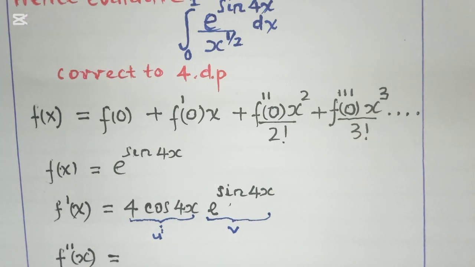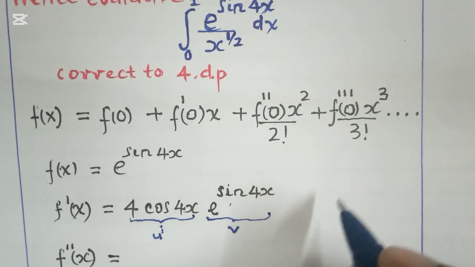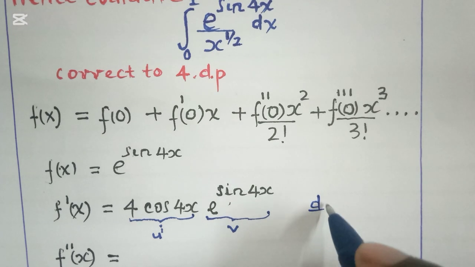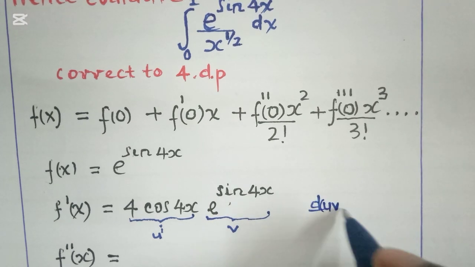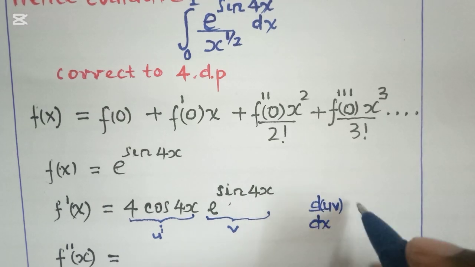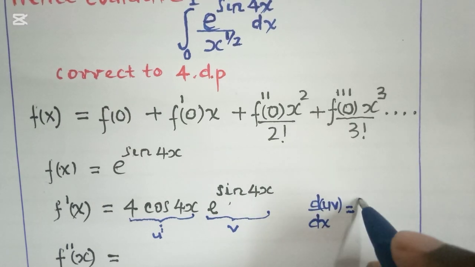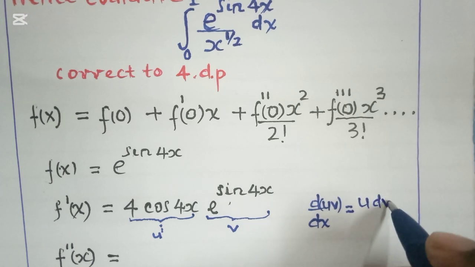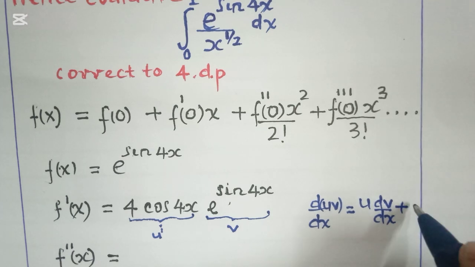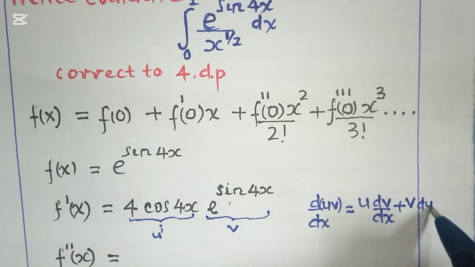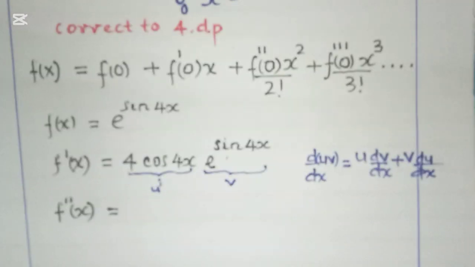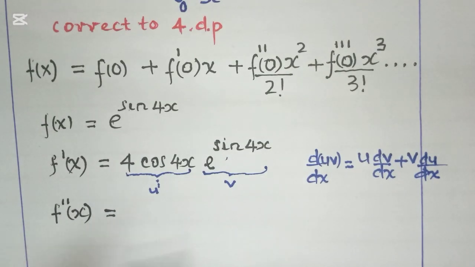And of course, I believe all of us know the product rule is given as d(uv) all over dx, because we are differentiating uv, and this is given as u dv/dx plus v du/dx, like that. So that's what we are going to follow as we differentiate here.